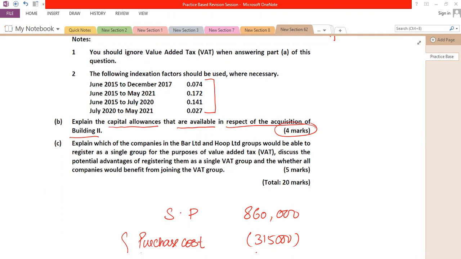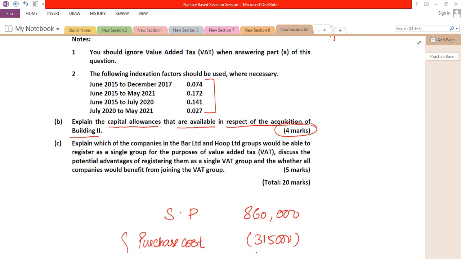And if you have AIA of 1 million, what should be the best order for that AIA?